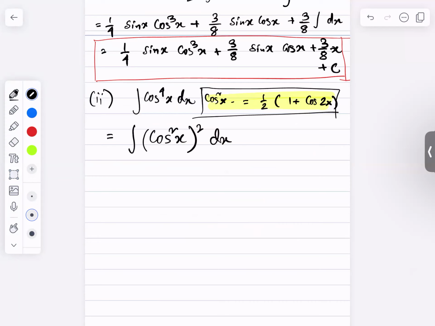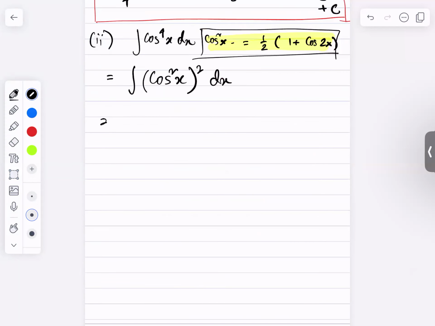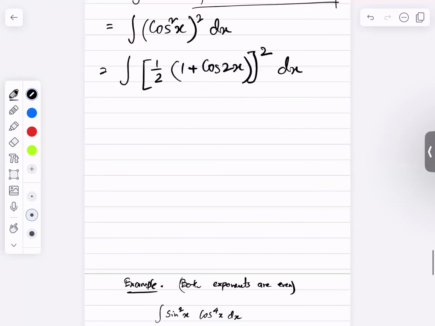Same thing. And now cosine square x is just, by this identity, half of 1 plus cosine 2x, whole square dx. This is 1 over 4, 1 plus cosine 2x square dx.